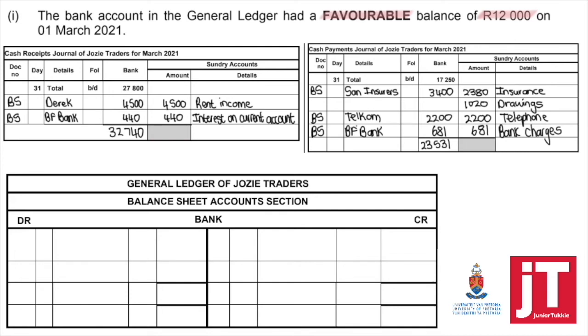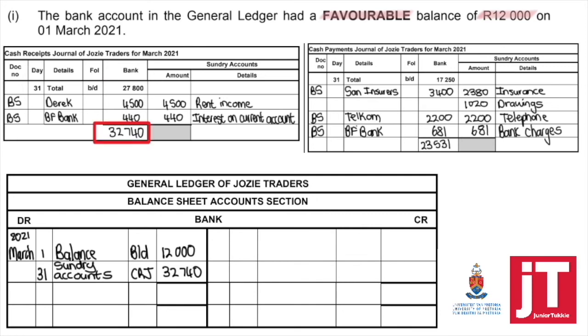Starting with our opening balance, they provided it to you. The bank account in the general ledger has a favorable balance of 12,000 on the 1st of March. Favorable balance will always appear on the debit side in our bank account. So March the 1st, balance brought down 12,000. Now you need to make sure that you take your totals, which you've calculated in the cash receipts journal and the cash payment journal, to the bank account. From the cash receipts journal, bank will always be debited. You can either write sundry accounts or total receipts.